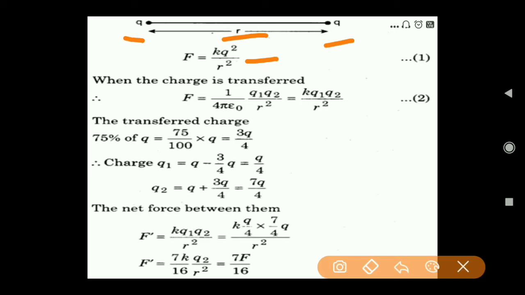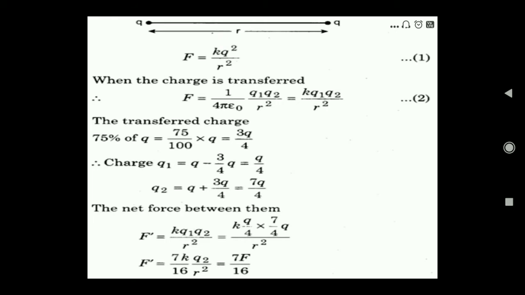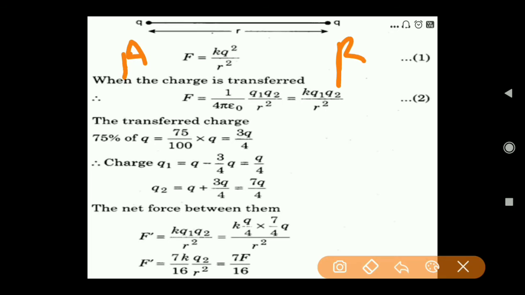When the charge is transferred, we have to find out what the new charge setup is. If 75% of the charge is transferred from, suppose, ball A to B, what is the amount of charge for ball A? 75% of the charge is transferred, so the remaining charge is 25%.